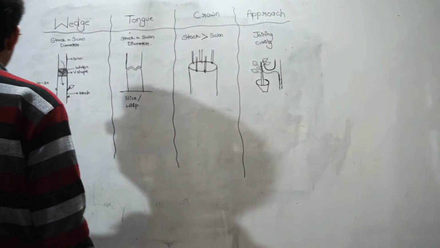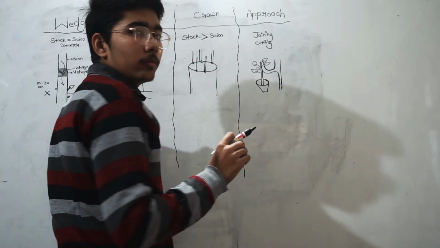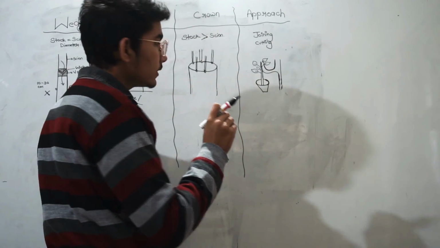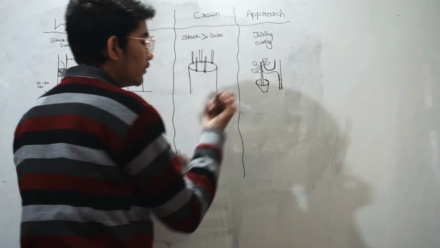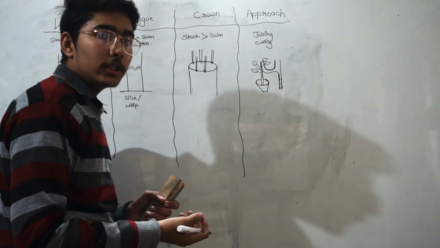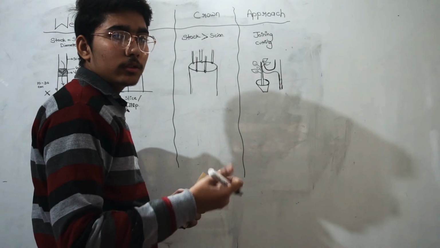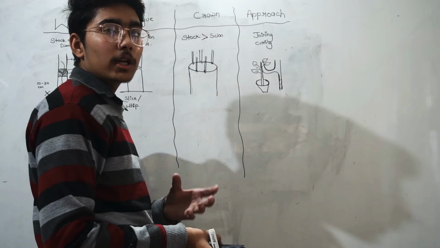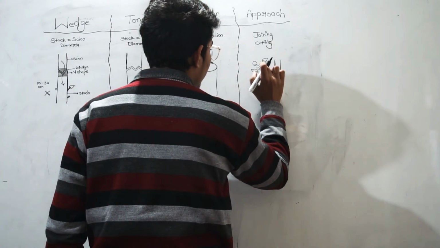And here we will remove a bark in the shape of a slice from both of these plants. I have already told you what is bark, what is presented over the bark. Inside the bark there is presence of vascular cambium.